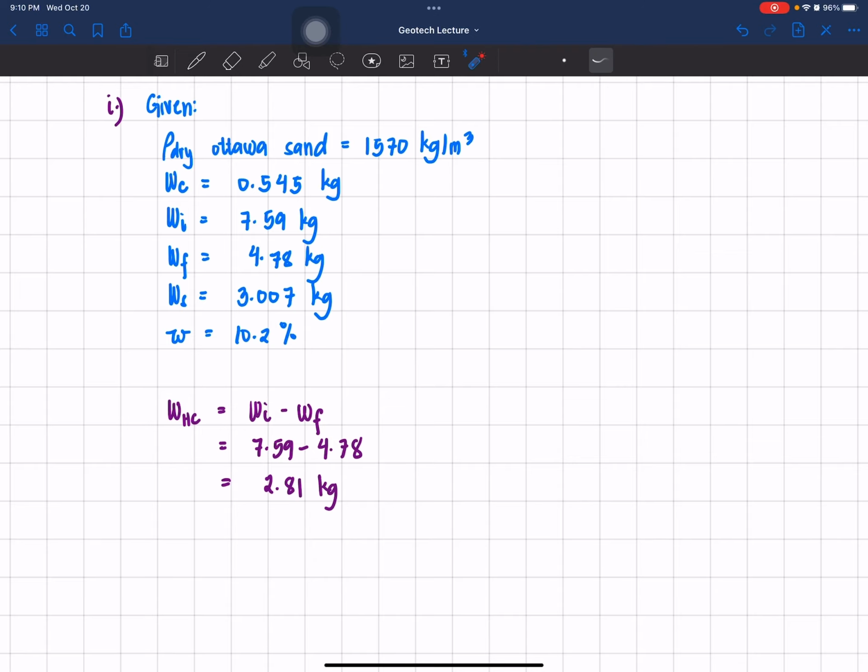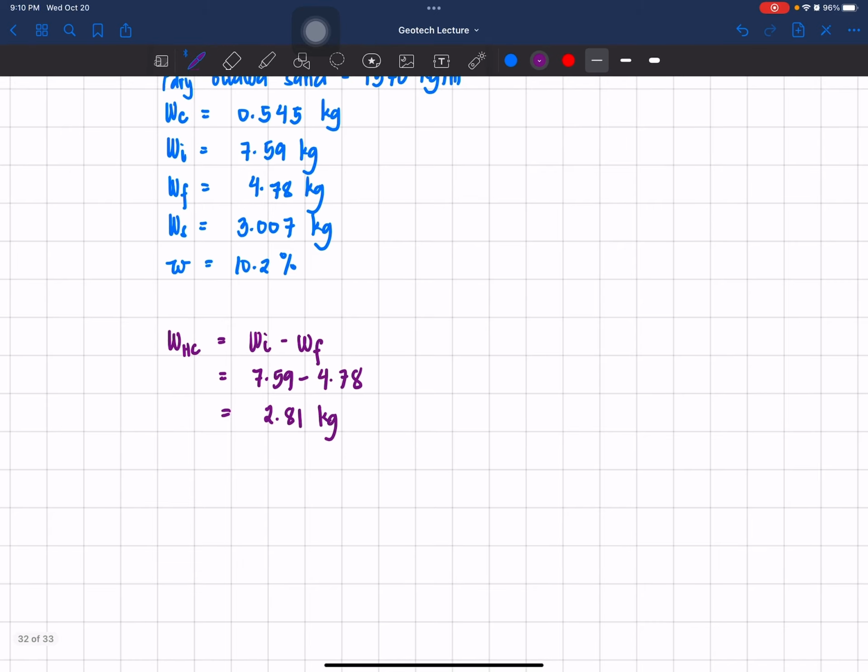So, my annotation is WH, which is equal to WHC minus WC. So, WH, the weight of the sand to fill the hole, is equal to the weight of the sand to fill the hole and the cone minus the weight of the sand to fill the cone itself.